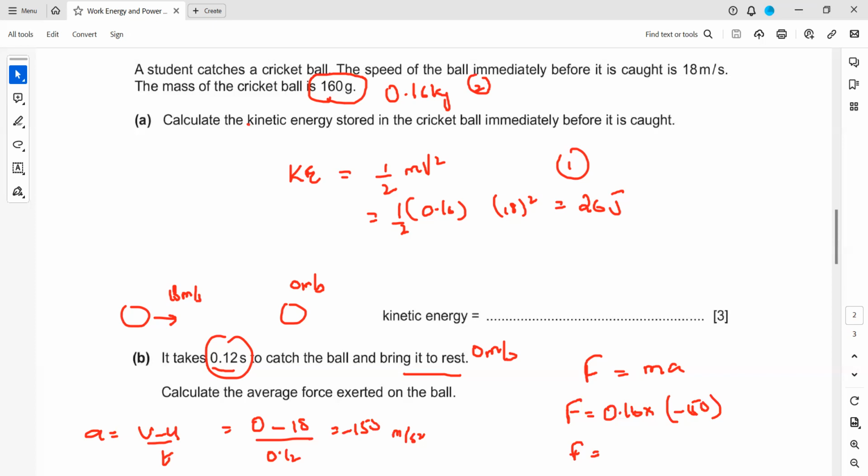The change in the velocity was 18 divided by 0.12, which was 150. And then 150 is multiplied with 0.16. That will give us 24. So this will be equal to 24, or negative 24 means it is opposing the motion.